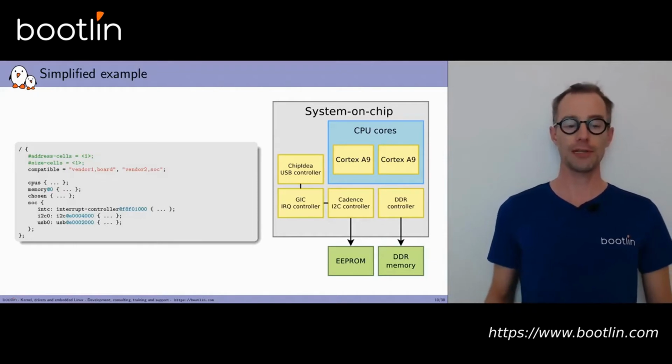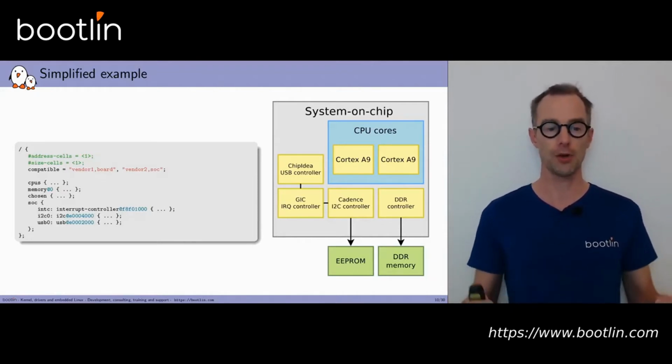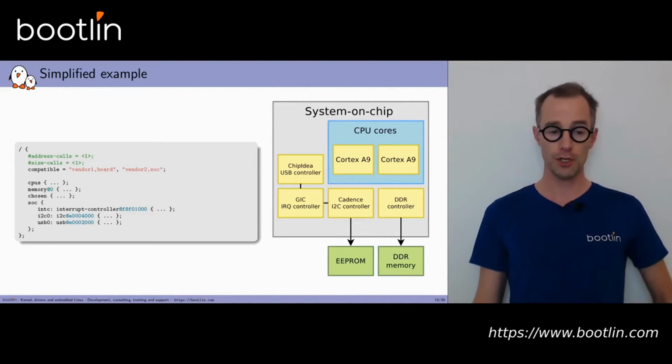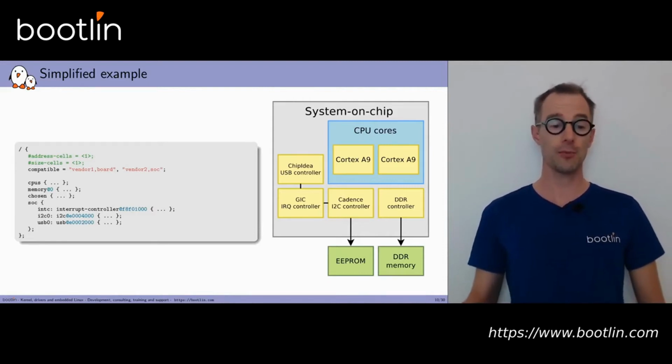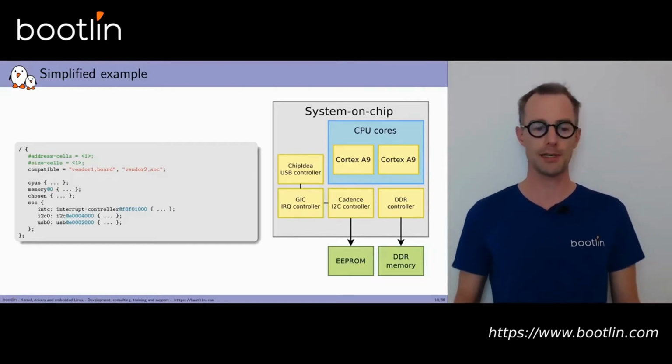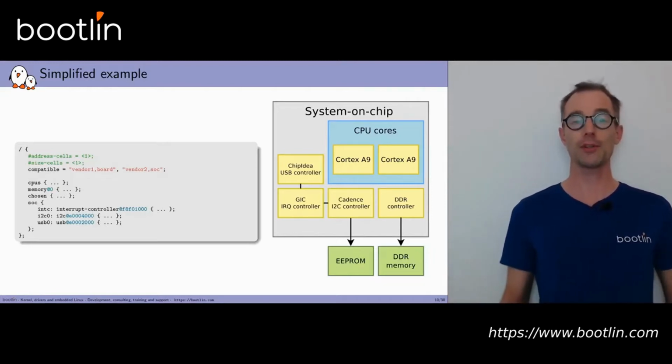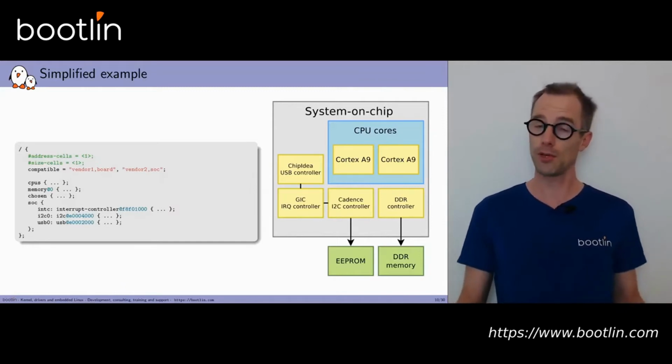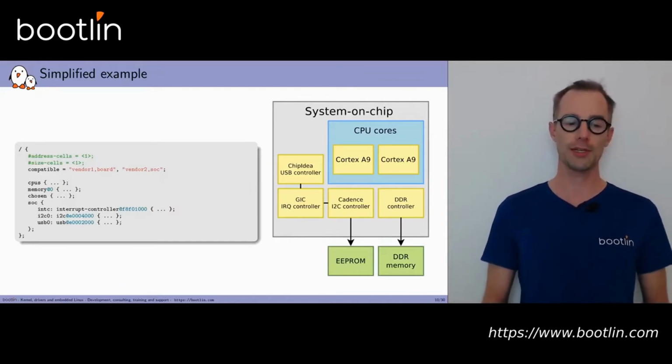So we have a top level node, which really encompasses all the other definitions. And it has a number of top level properties, address-cells and size-cells, which we will be discussing later. It has a compatible property, which identifies the platform as a whole, and we will again talk about the compatible property later.